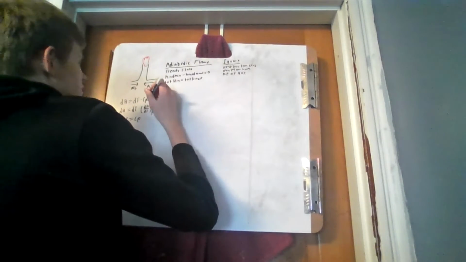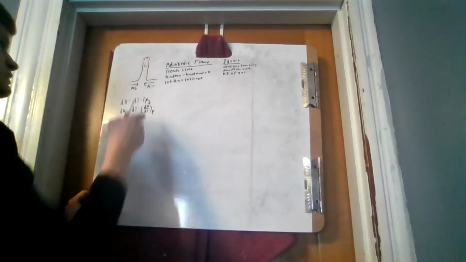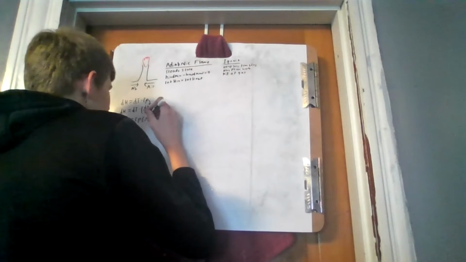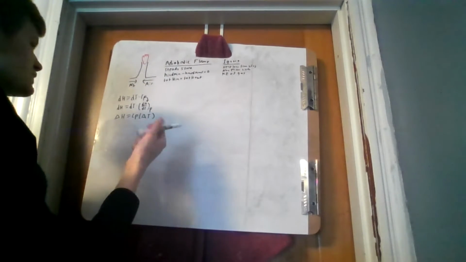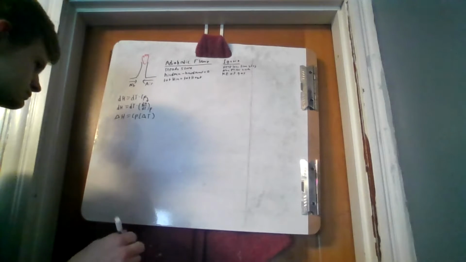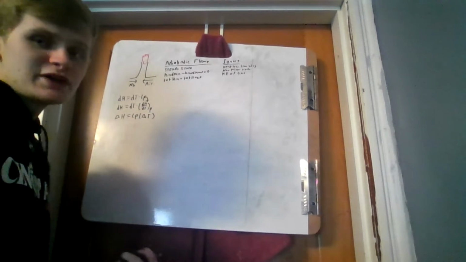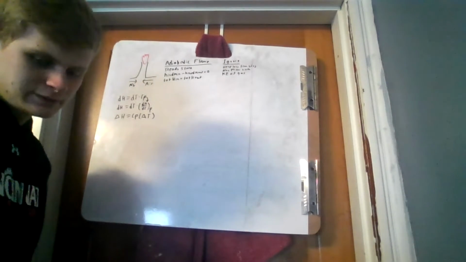Sorry, I meant to say our heat capacity equation can be used in this as such, and then it's going to be our change in temperature. This is what we want for our change in enthalpy equation.